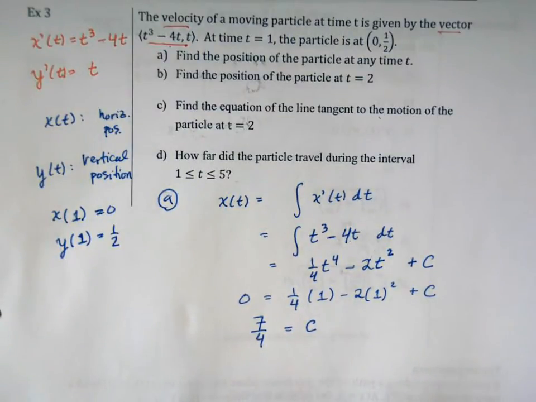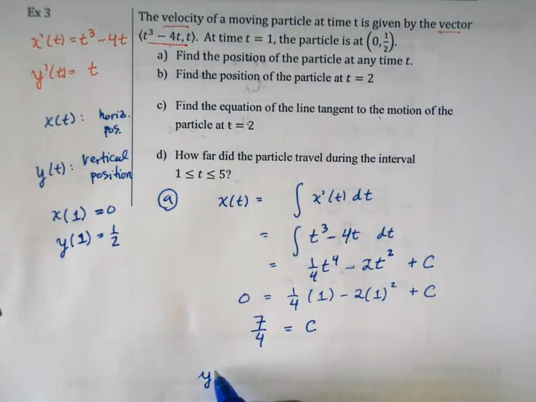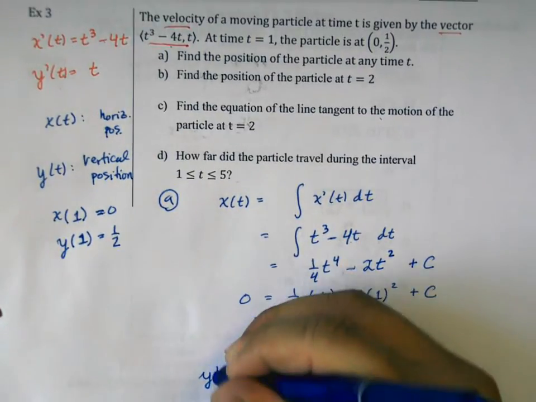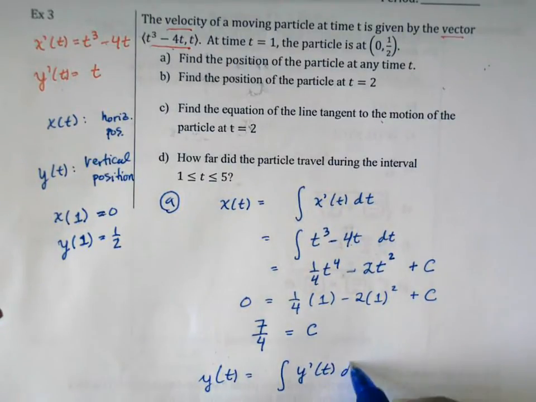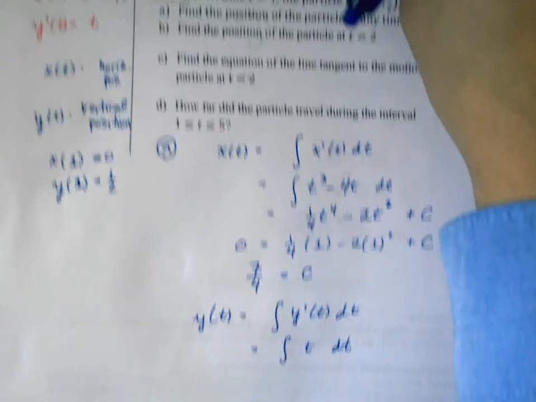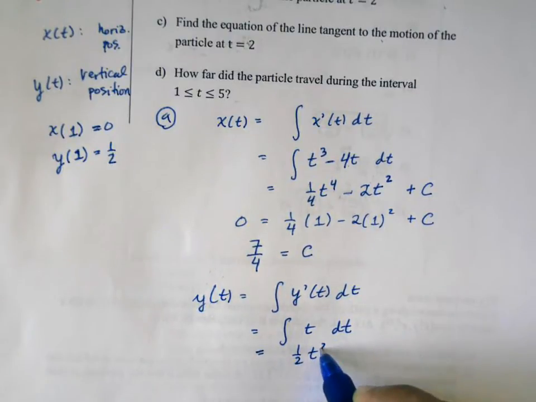For the y position, we do the exact same thing except for the other equation. So y of t is the antiderivative of y prime dt. So this is the antiderivative of t dt, which is equal to 1/2 t squared plus a constant.